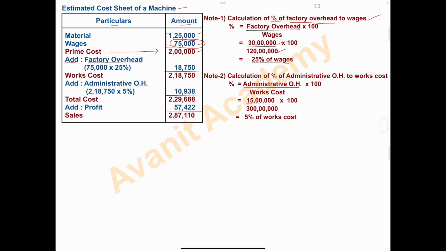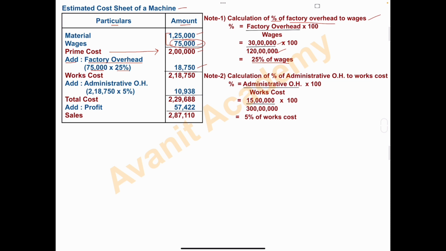See your calculation: the wages amount is 75,000 into 25%. Just now we calculated it is 25% of wages. So do the calculation, 75,000 into 25%. You will get 18,750. This is the factory overhead amount.